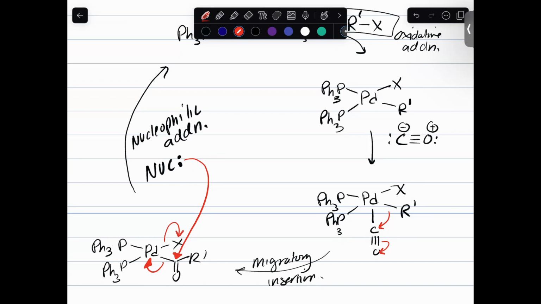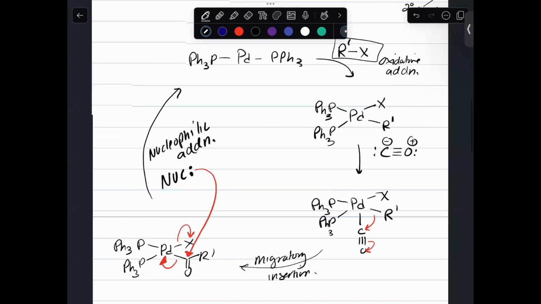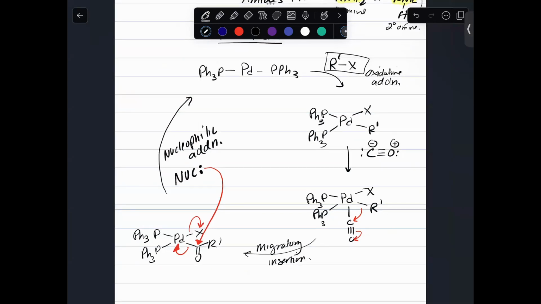Okay. So, a couple of things before we move forward. At this point, we've got 14 electrons, 16 electrons, 18 electrons, and we're back to 16 electrons. Okay.